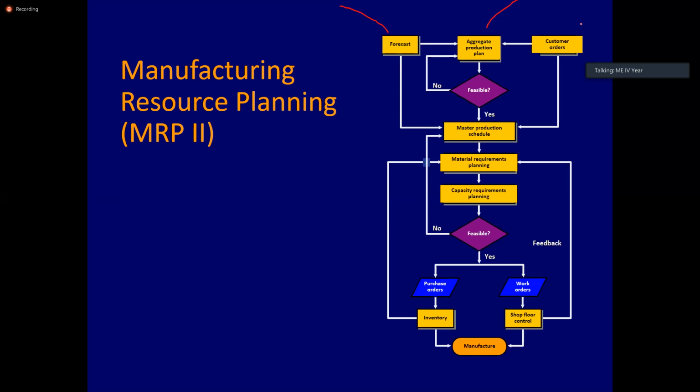One more thing: the input for this aggregate production planning is our customer orders, which is like our demand. The demand comes from the customer.